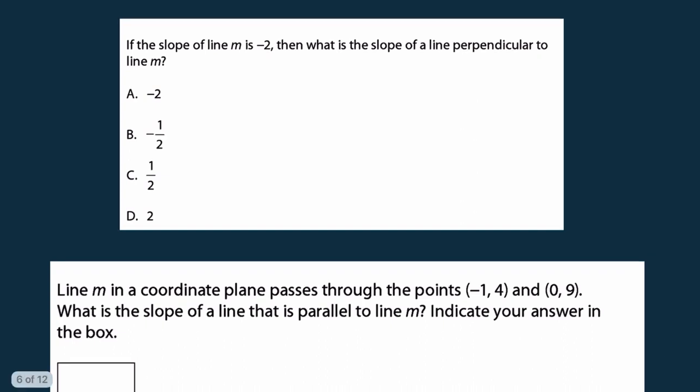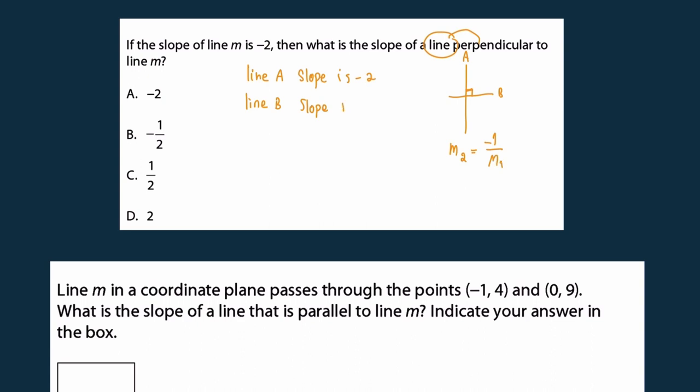I suppose the first line is line A, which has a slope of minus 2, and line B is perpendicular to line A. Perpendicular means they meet at 90 degrees, so we use the reciprocal: m2 equals minus 1 over m1.